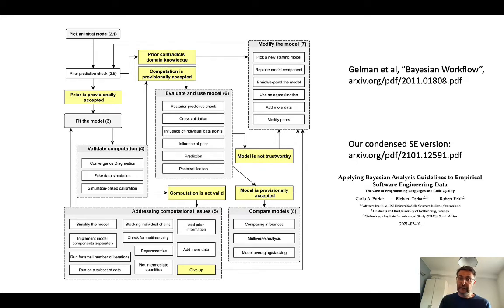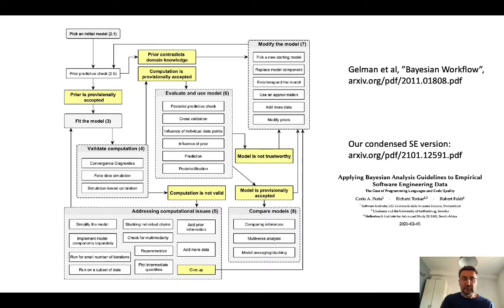In fact, there is a current paper by Carlo, Richard, and myself, which is on arXiv, which tries to do this. It presents a simplified workflow for software engineering and has an example case. You can go to arXiv later and study this in more detail. Hopefully it will be published in the future; it's currently under submission.